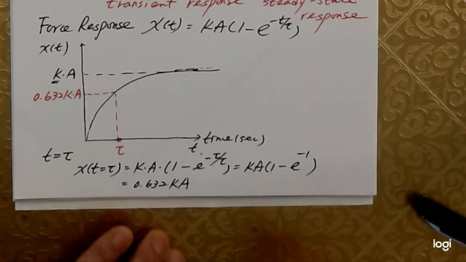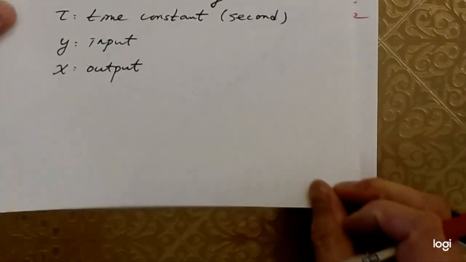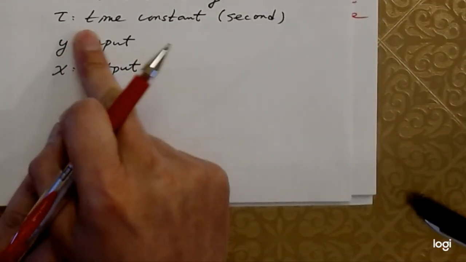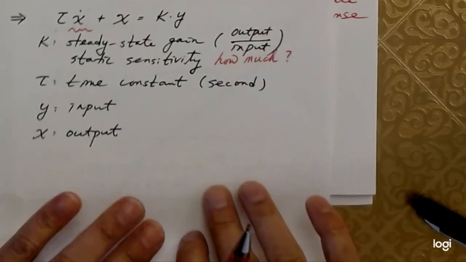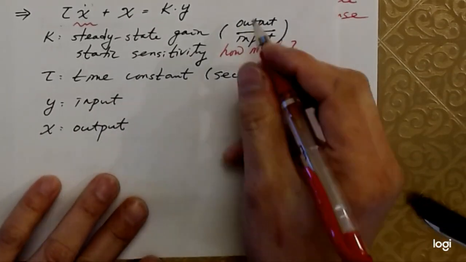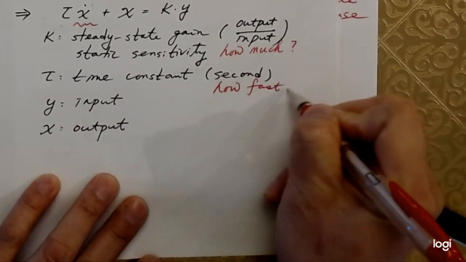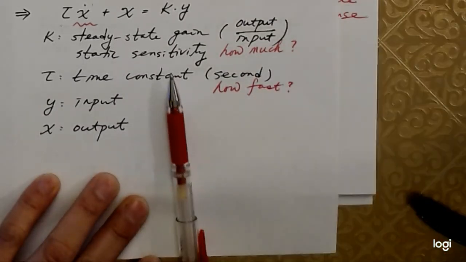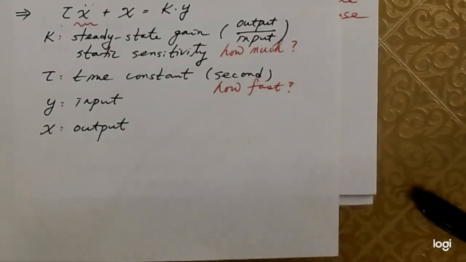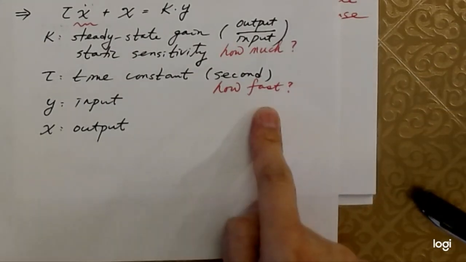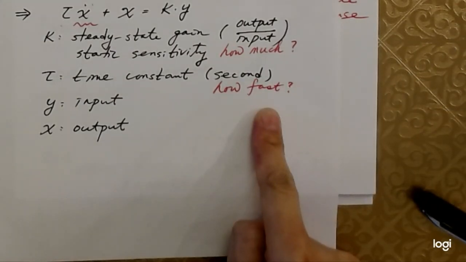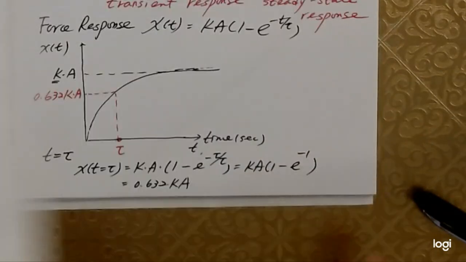So what is tau? Tau determines how fast the system responds to the excitations.